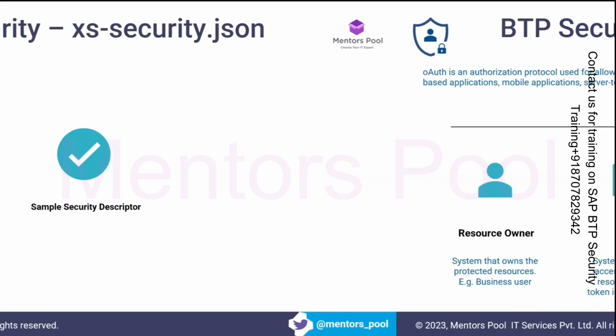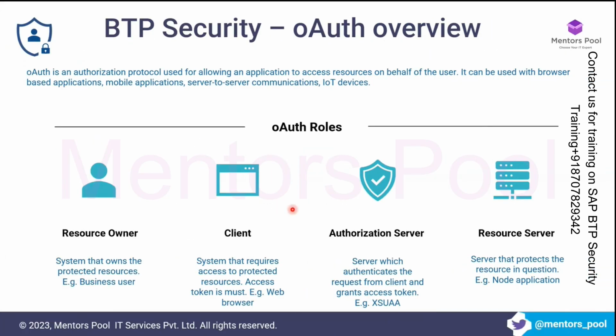I'll go ahead. Now let's talk about OAuth. OAuth is a very important topic which all of you need to understand completely, since you are going to be developing applications on BTP. This is how you enable authorization in your applications. This is how authorization on BTP works.